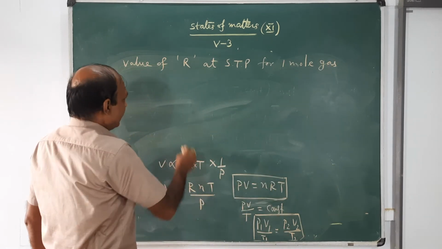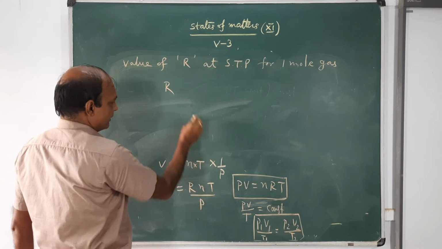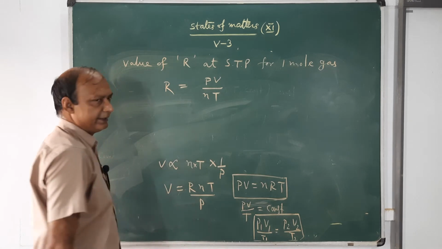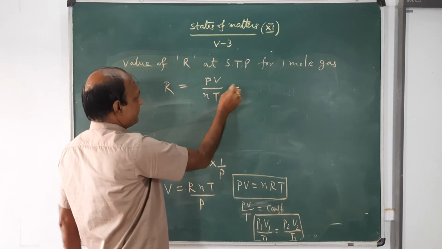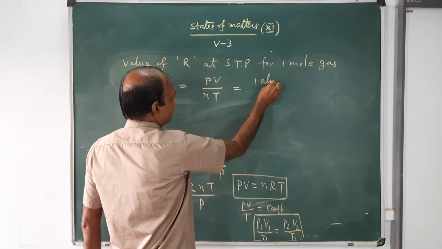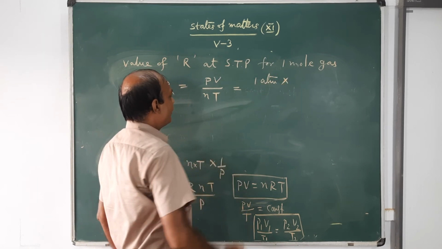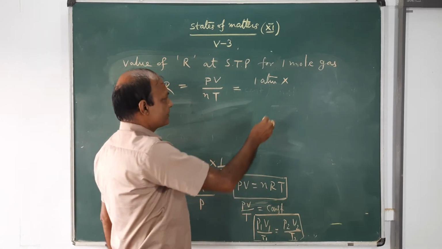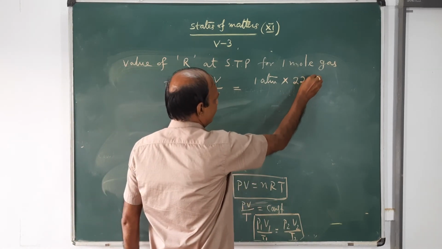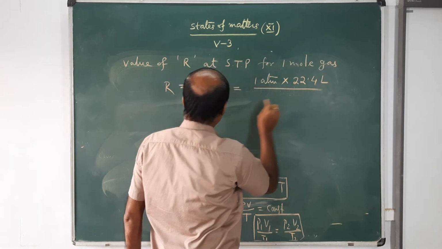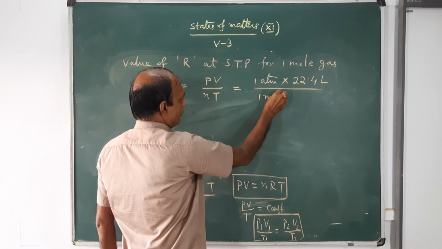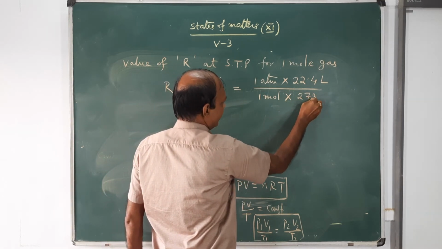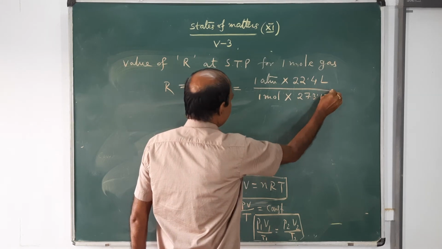Now see, you know from this relation R equals PV by nT. At STP the pressure is 1 atm, the volume of 1 mole of gas, the molar volume, is 22.4 liter, n equals 1 mole, and the temperature is 0 degree centigrade, 273.15 Kelvin.